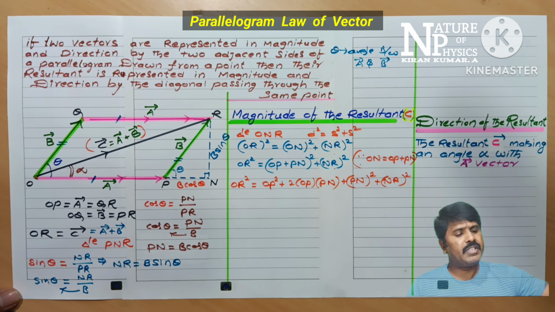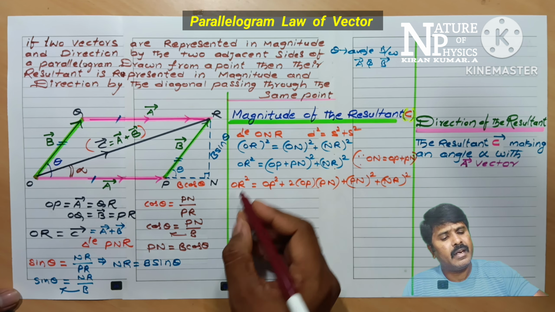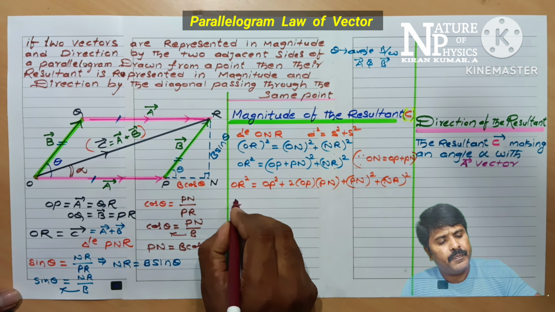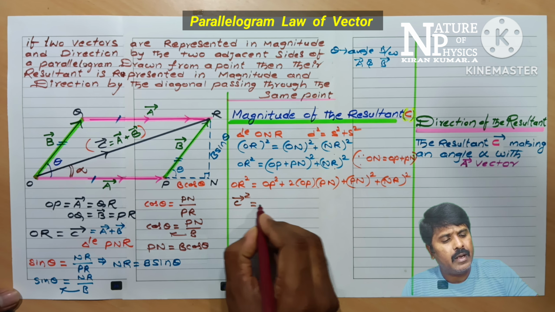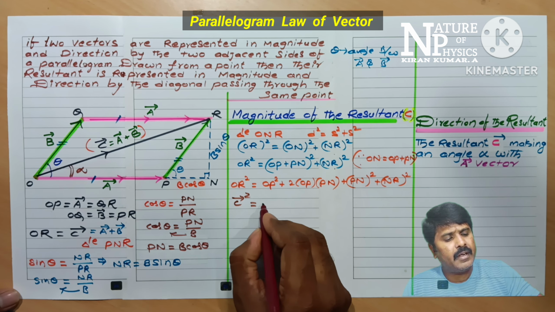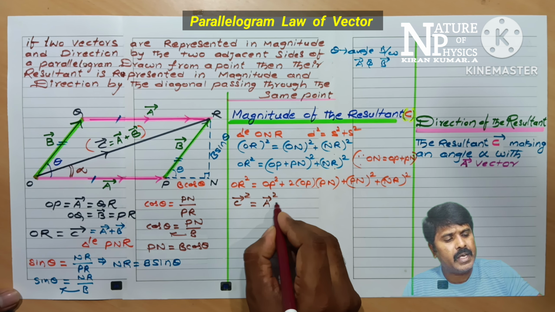Replacing the values step by step, OR represents C bar whole square. Next, OP represents A bar whole square.